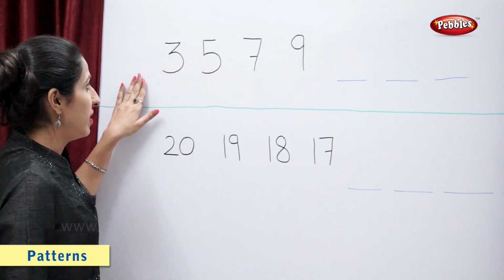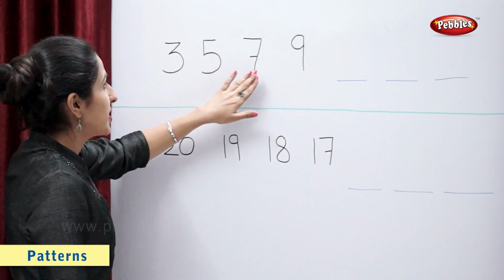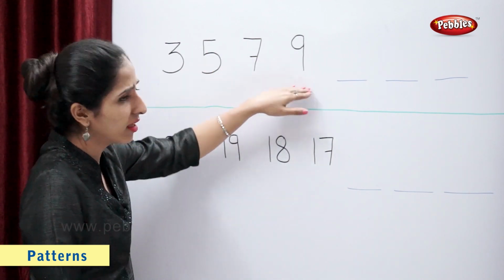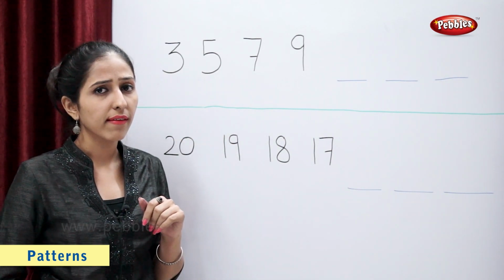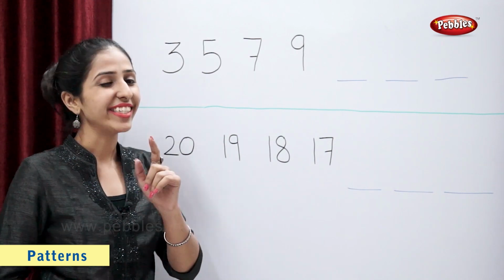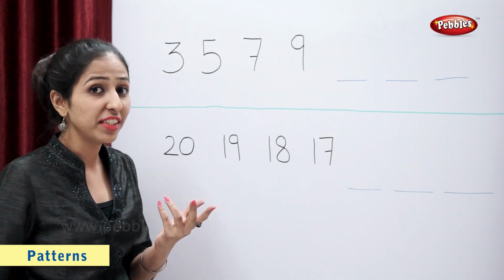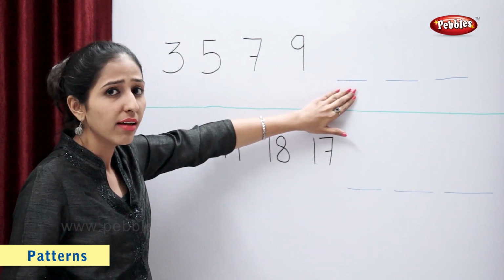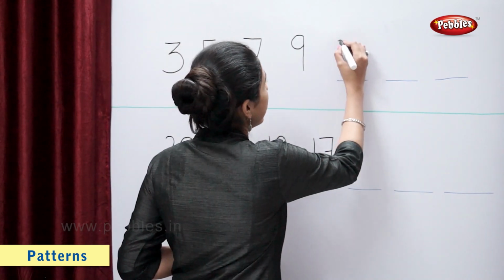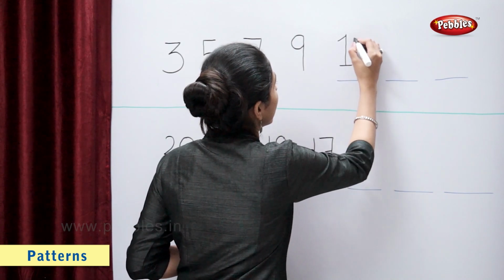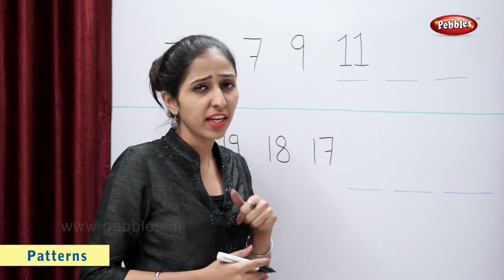In the first example, we have number 3, number 5, 7 and 9. Students, can you guess something about these numbers? Right, these are alternate numbers. So tell me, which is the next number in the series? Correct, number 11. What is next after 11?